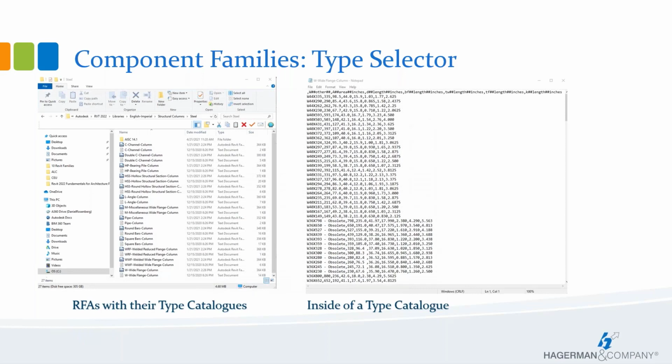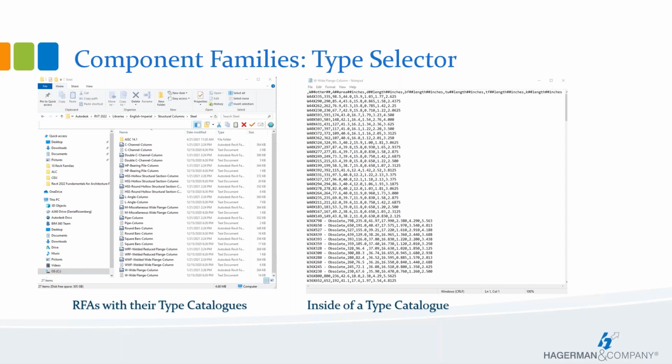If I were to locate this exact same file in Windows Explorer, you can see a lot of notepad files associated with some of these RFA files. These are referred to as type catalogs. And these are where the actual family type information and their parameter values are stored.